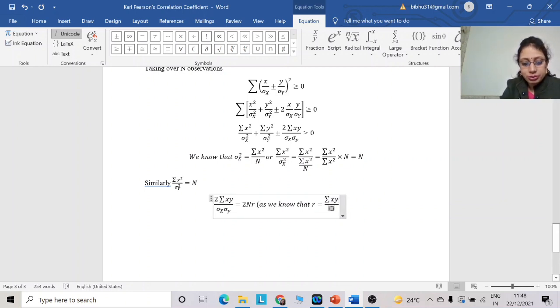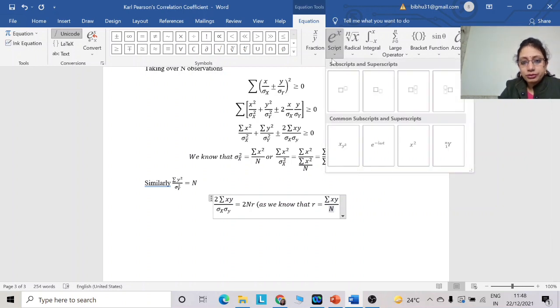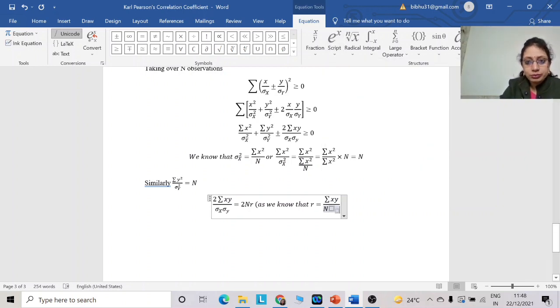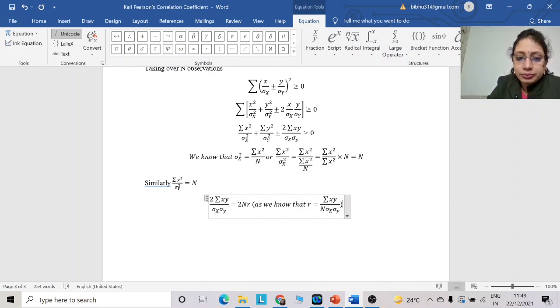We had discussed this one, n standard deviation of x, standard deviation of y. So we can write this one as 2nr. Okay, now you just replace these values now.